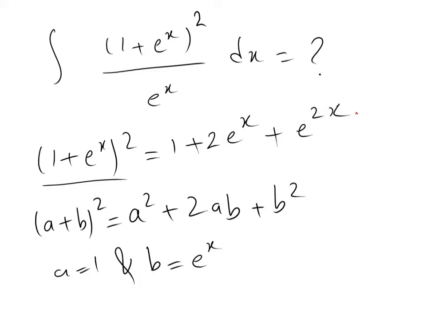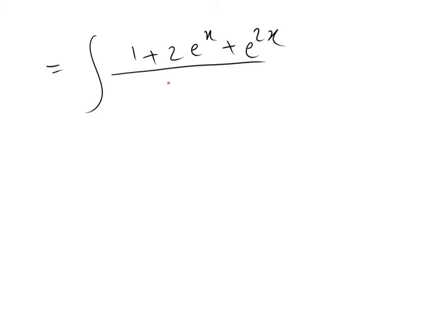Okay, so now if you substitute this expression into this integral, you will get the integral of (1 + 2e^x + e^(2x)) divided by e^x dx.